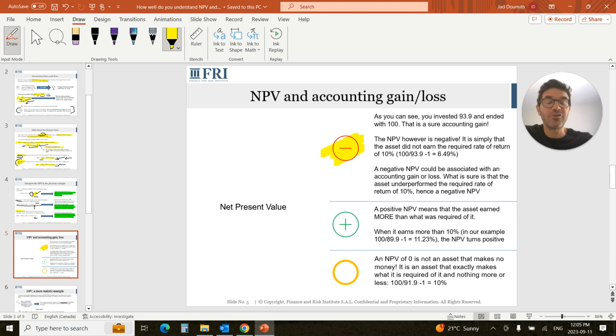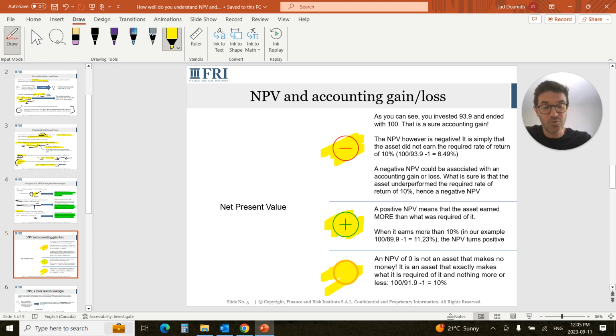We know for a fact that the project earned less than 10%. When the NPV is positive, we know for a fact that the project earned more than the required rate of return. In our example, more than 10%. And when the NPV is zero, we know for a fact that the project exactly earned the 10% that is required of it.